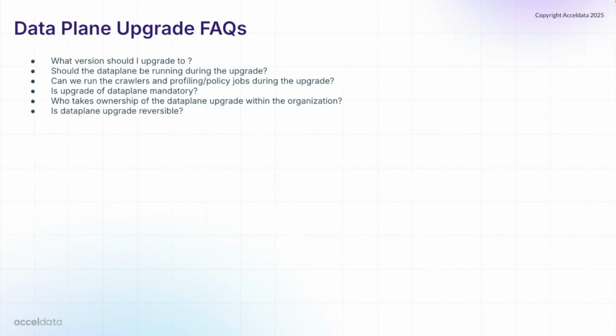We also get questions like, is the data plane upgrade reversible? Yes, the data plane upgrade is reversible. If you see any issues after the upgrade, we could reverse it back to the older version. Please connect to Acceldata support on how to perform that activity.